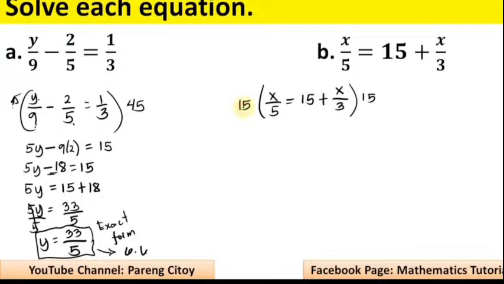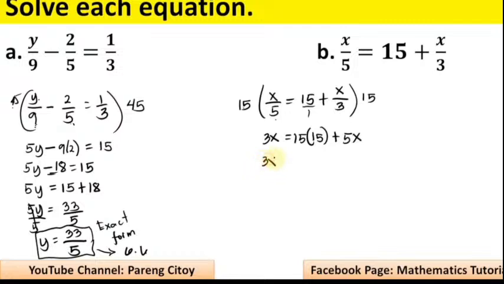So 15 divide 5, that is 3 times x. So that is 3x equals, so it's understood that there is a 1 here. So 15 divide 1 is 15 times the numerator, that is 15, plus 15 divide 3, that is 5 times x. So that is 5x.